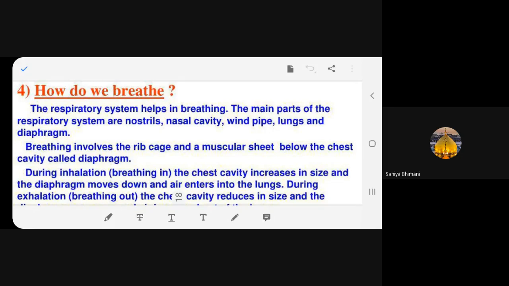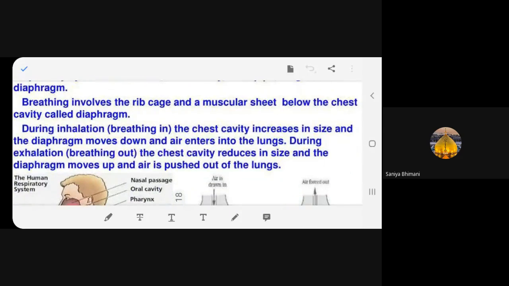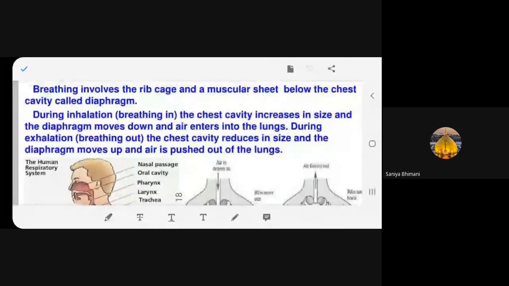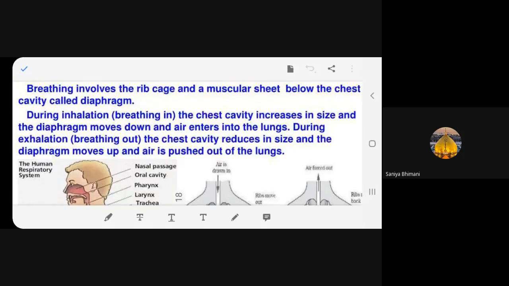Breathing involves the ribcage and a muscular sheath below the chest cavity called the diaphragm. During inhalation, breathing in, the chest cavity increases in size and the diaphragm moves down, and air enters into the lungs. During exhalation, the chest cavity reduces in size and the diaphragm moves up and air pushes out of the lungs.